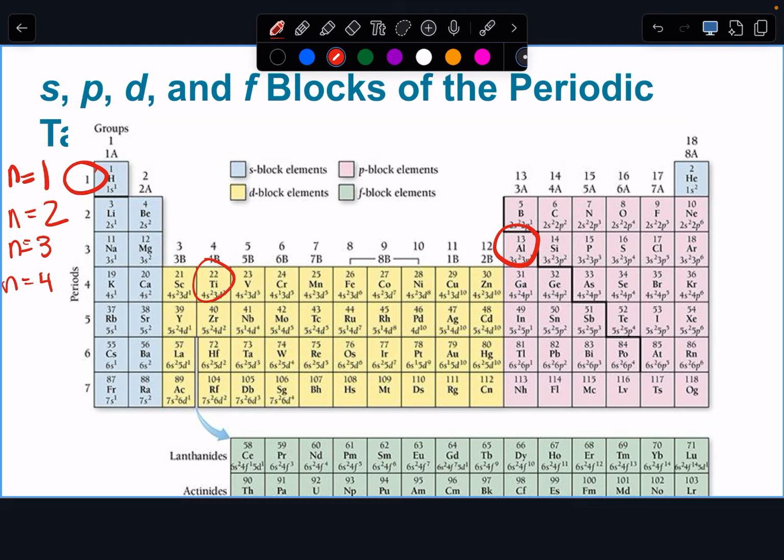Okay, so remember, every time we go up in principal energy level, we add another shape. So we've got the S, then the S and the P, then the S, P and the D. That is fine. And normally we would think like, okay, 3S and then 3P and then 3D.